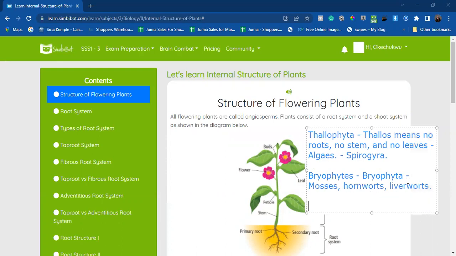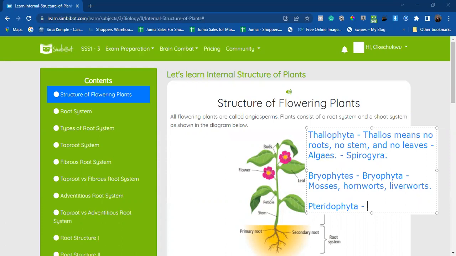Then the third one is the pteridophyta. This one is also non-vascular.